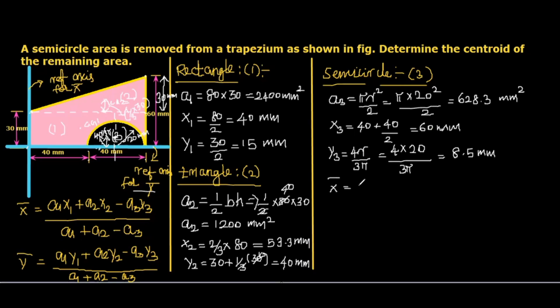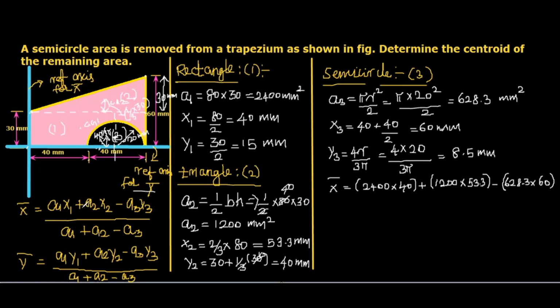A1 2400 multiplied with x1, that is 40 mm, plus A2 1200 multiplied with x2, 53.3 mm, minus A3 628.3 multiplied with x3, that is 60 mm.